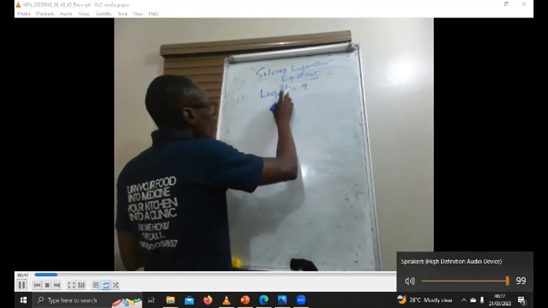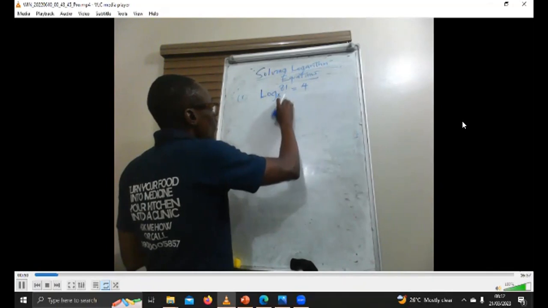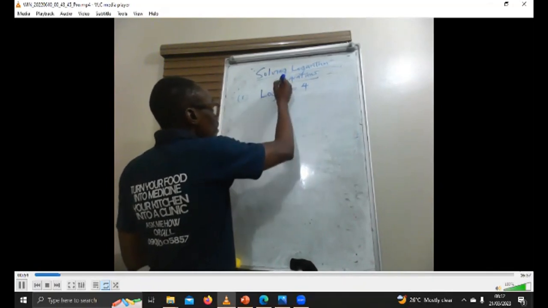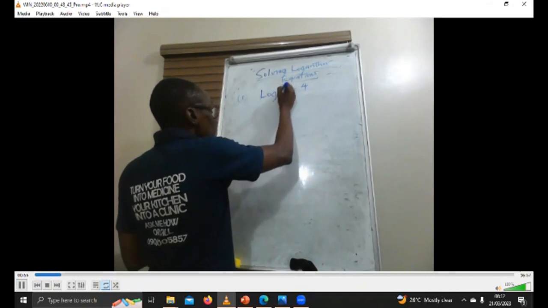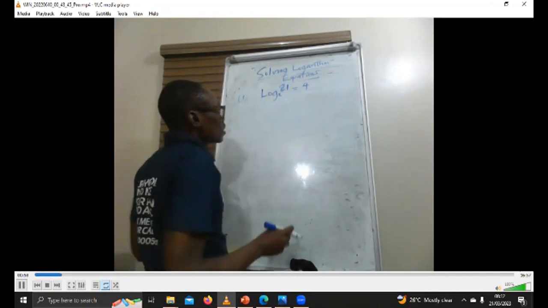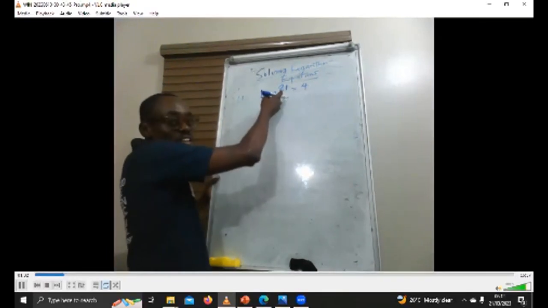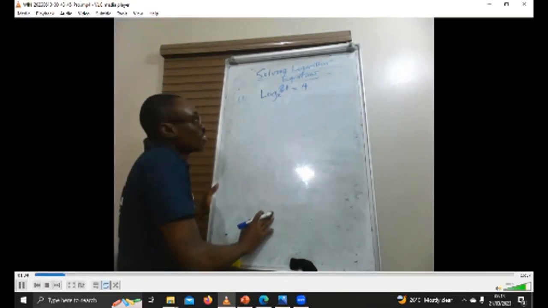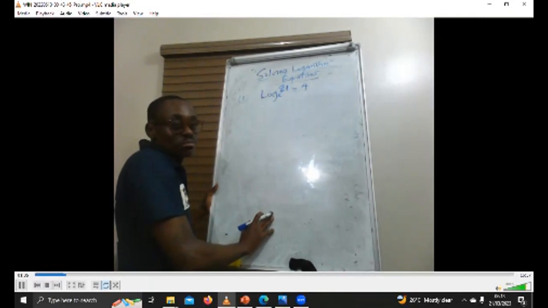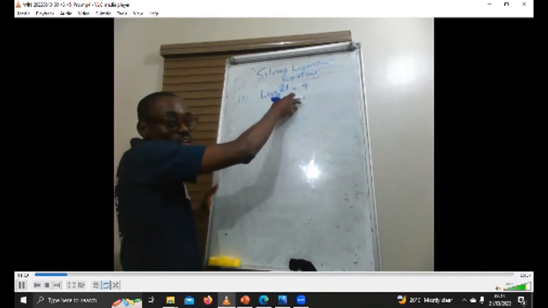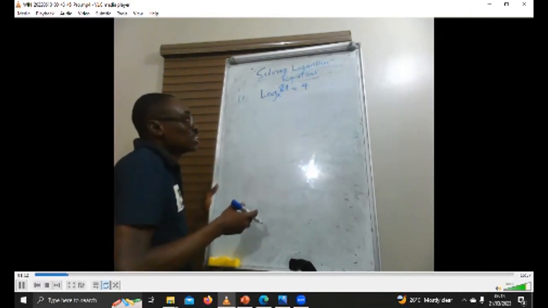Okay, so what do we do? To solve this logarithmic equation, we're looking for x, but x is not directly spelled out. x is not the subject of the equation, and it is not expressed in such a way that we can easily get the answer.